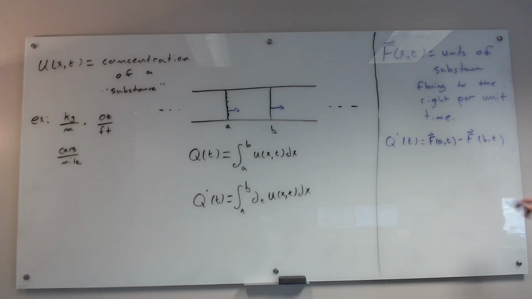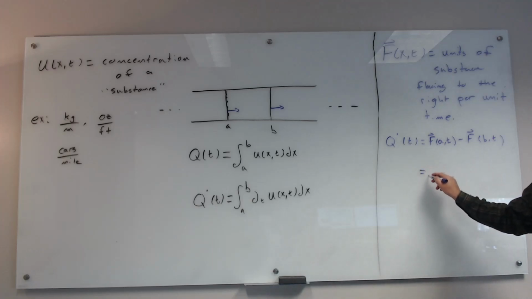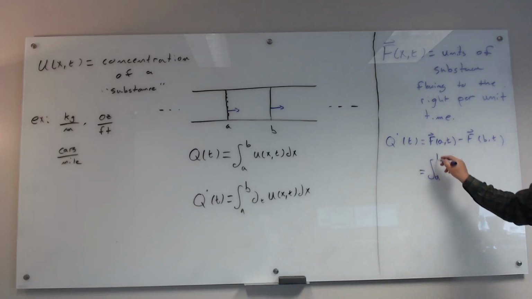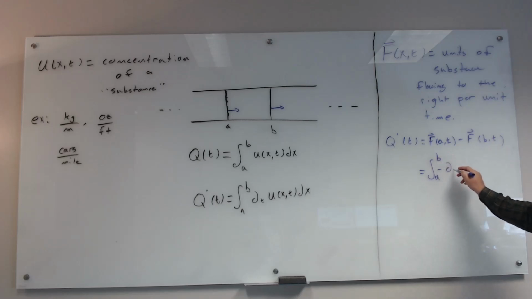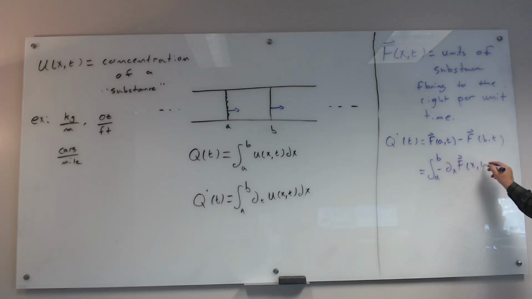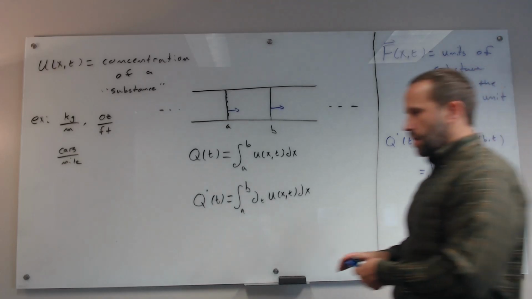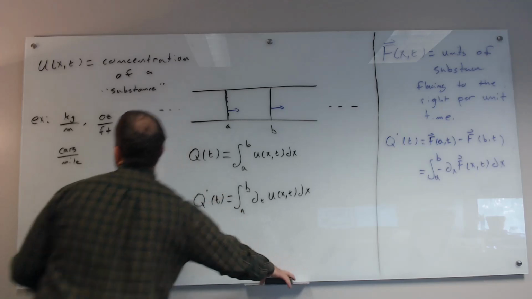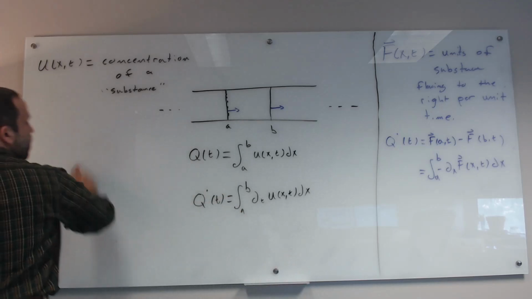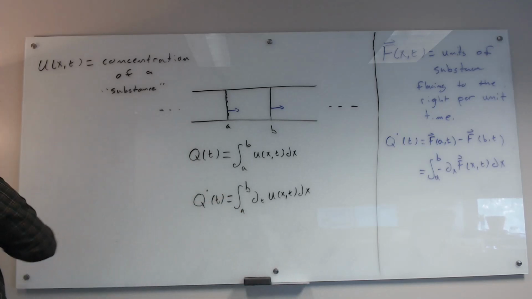And by the fundamental theorem of calculus, this is equal to the integral from A to B of minus the x derivative of f dx. Now, this is a very familiar equation. This is just a conservation law. We've seen this exact equation when we looked at the diffusion equation.